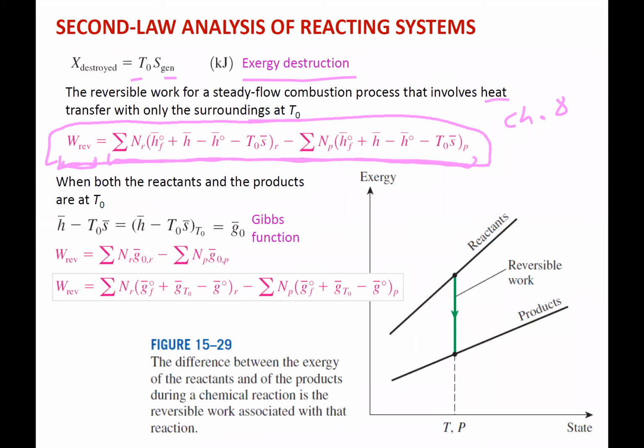We can also simplify what you have here to the Gibbs function, which we saw in chapter 12, which just has this enthalpy minus Ts. So it simplifies what's there. It makes it a nice, simpler equation when it just deals with this Gibbs function, and the Gibbs already includes that Ts in it.